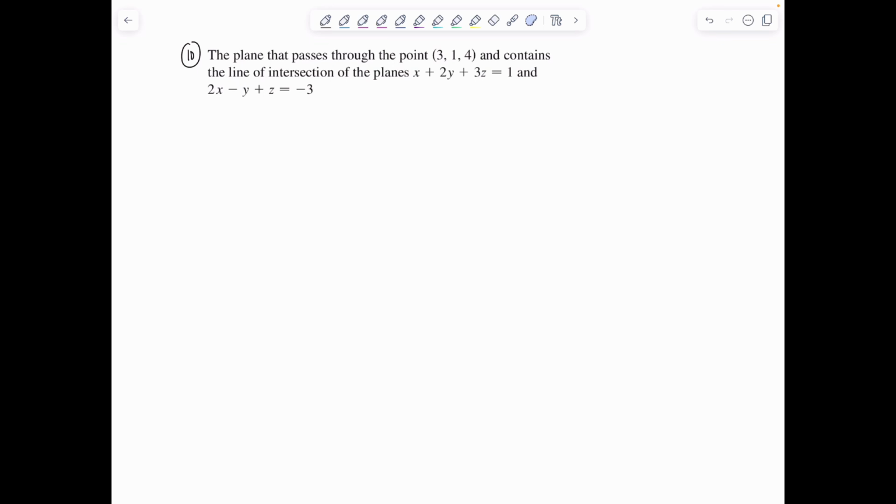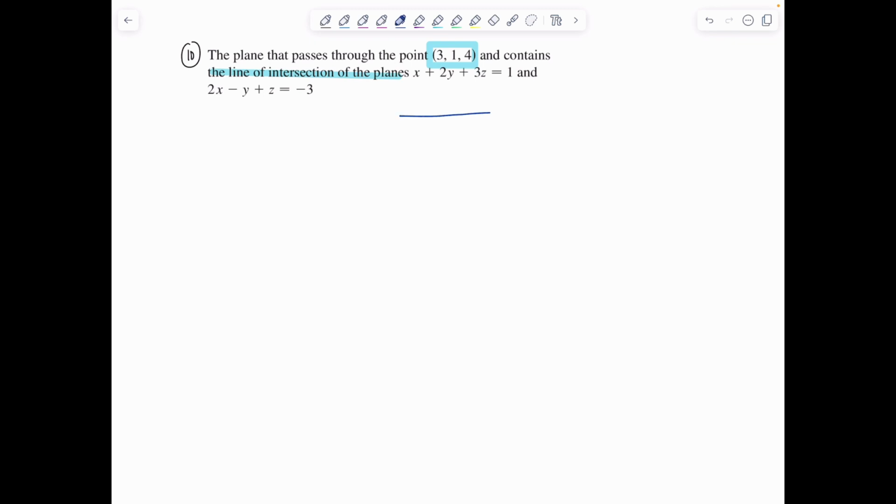So this is very similar to the one that we just did. We're given a point on the plane, and we're given a line that is on our plane. However, unlike the last problem, we don't know what the direction vector is currently for that line of intersection. So let me kind of draw what's going on.